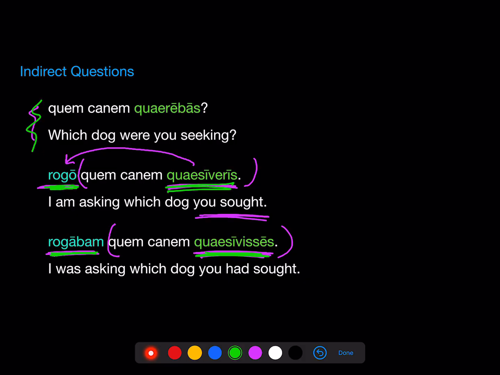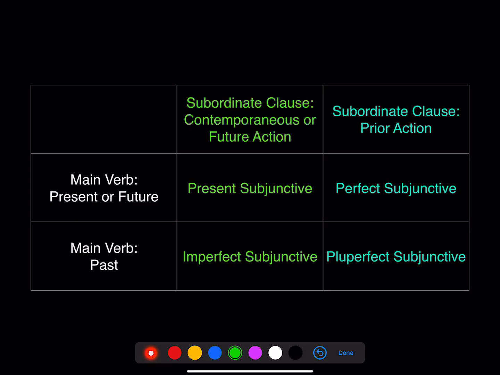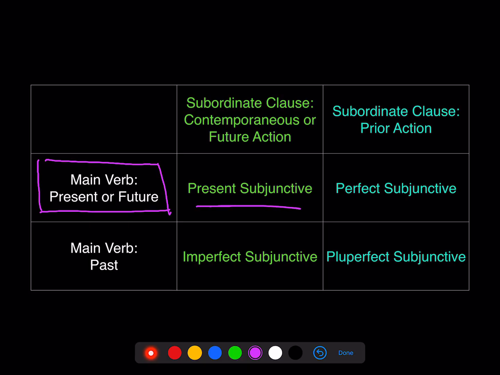So here's a little chart of this. Okay, if your main verb is in a present or future tense, like rogo, I ask, or ibo, I will go, if the stuff in the subordinate clause is happening at the same time or subsequent to that main verb, we're going to use a present subjunctive.